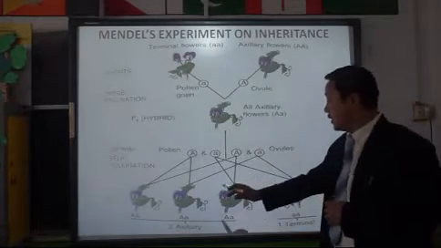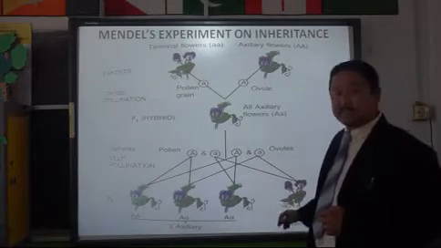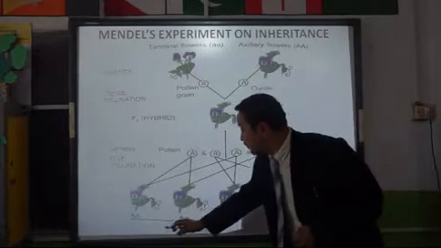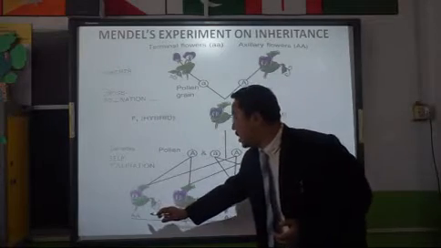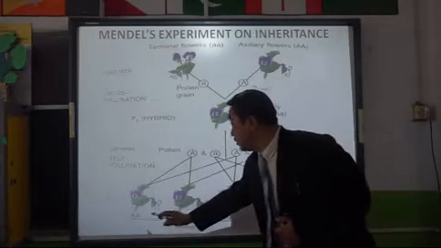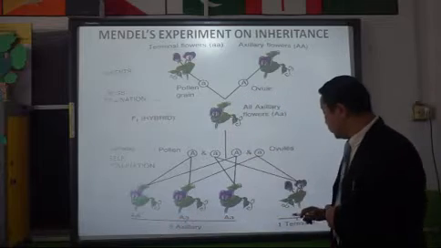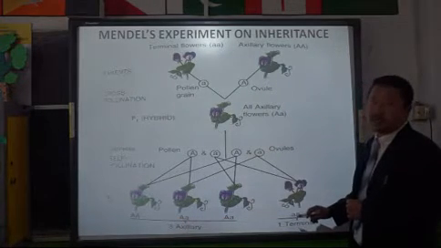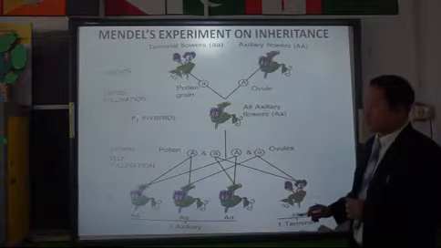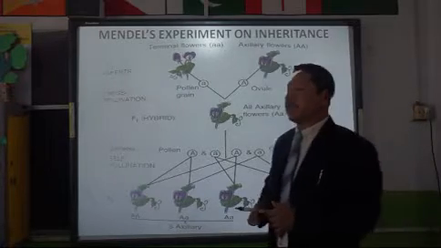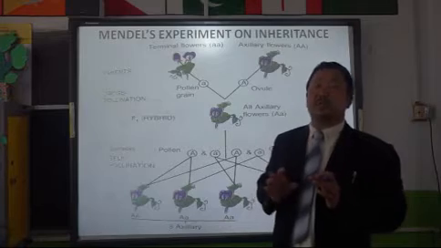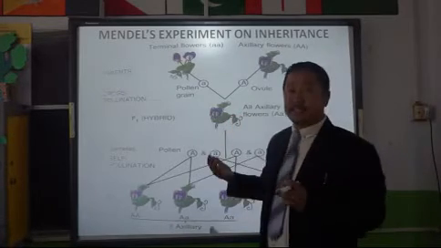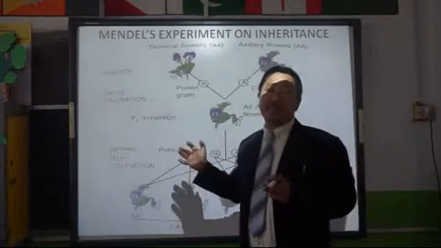Though the ratio is different, it is seen in the second generation. That means in the second generation, out of four pea plants, three were having axillary flower, and only one was having the terminal flower. So this is how he came to know about the inheritance in the pea plants.